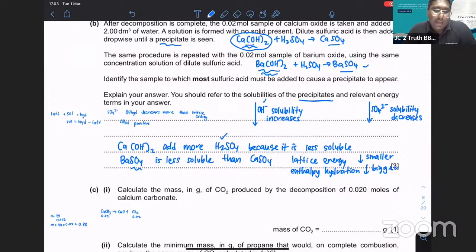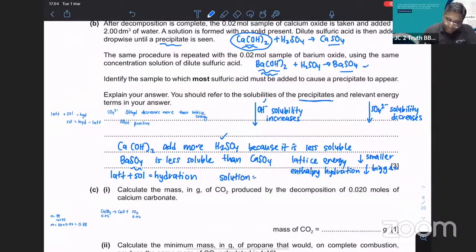Now, if this happens, we know the formula: lattice energy plus enthalpy of solution is going to be enthalpy of hydration. If you want to refer to enthalpy of solution for solubility, it is going to be hydration minus the lattice energy.